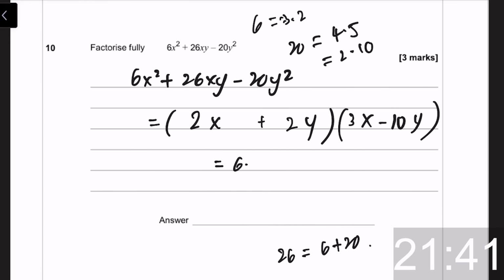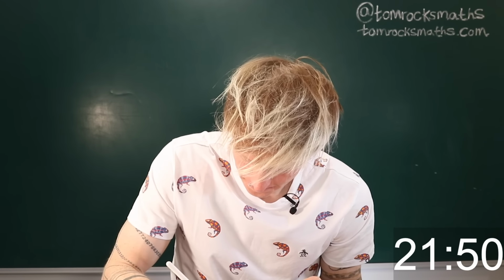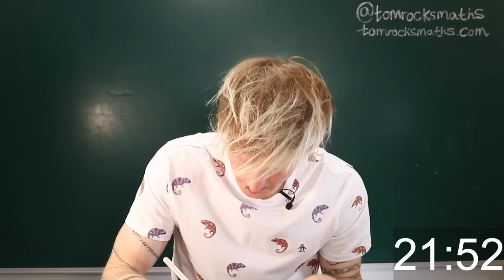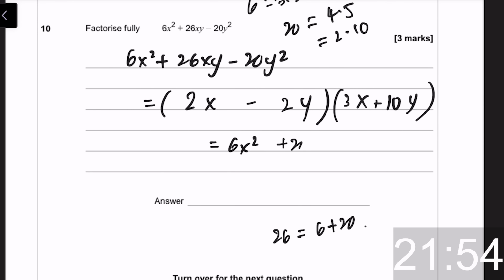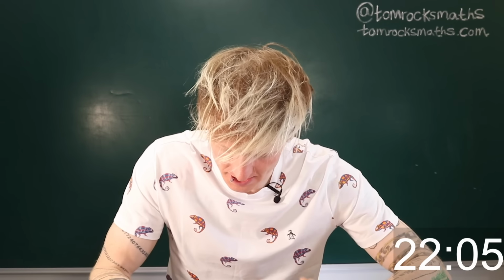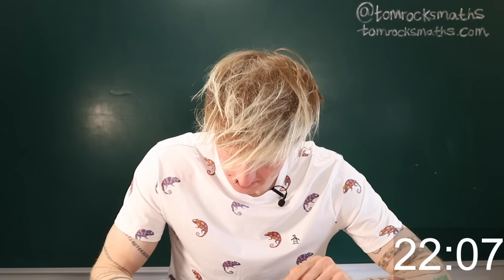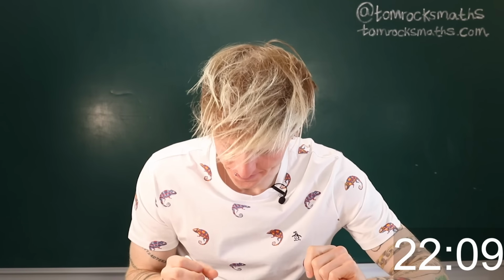So that's going to be 6x squared minus 20xy. So change the sign. Okay, plus 20xy minus 6xy. No, minus 20y squared. Okay, so it's not that. Because I need 30 minus the other 4, yes. Okay, we got there.